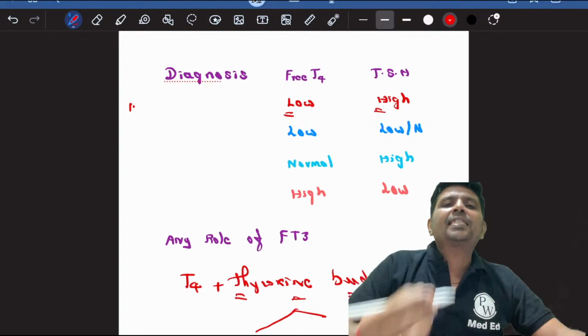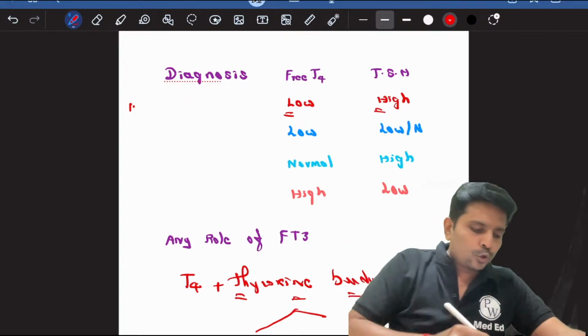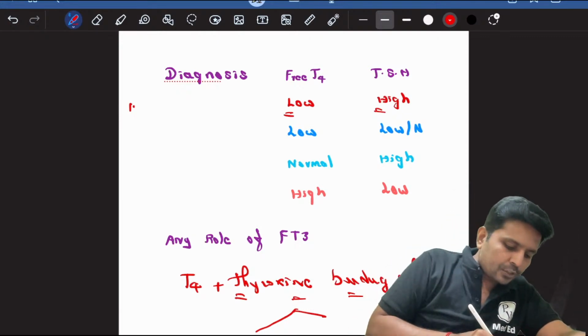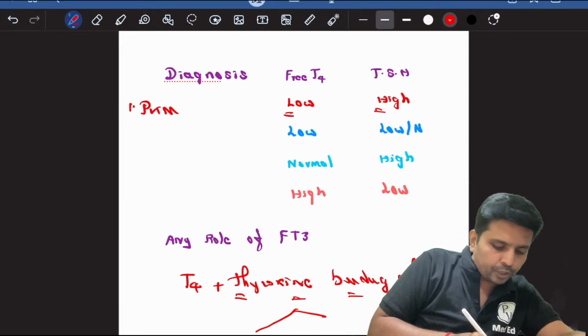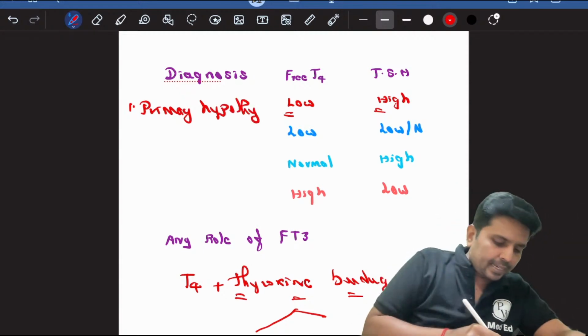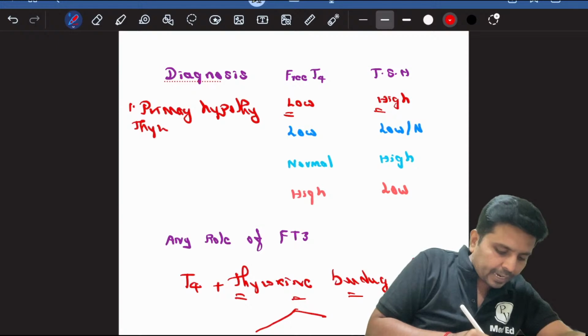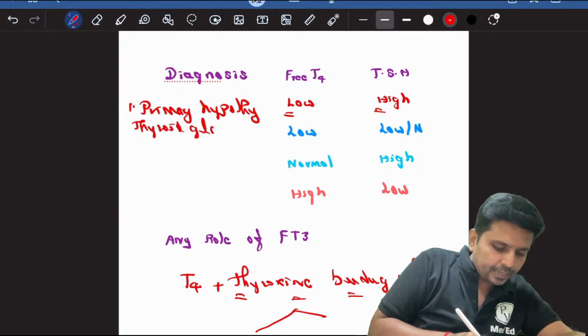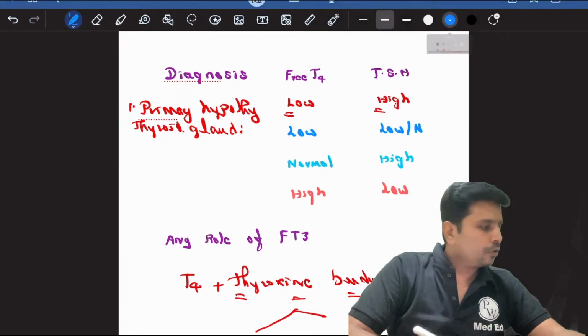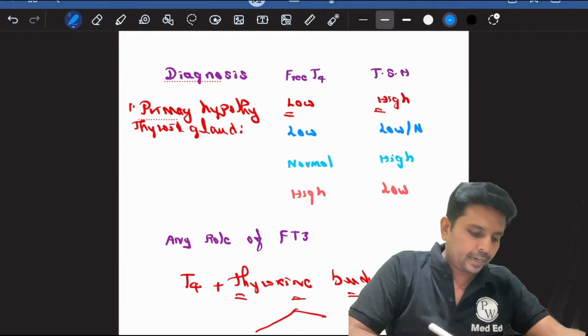That's why your TSH value is high. So when T4 is low and TSH is high, it is called primary hypothyroidism. There is a problem in the thyroid gland. You can understand now? Thyroid gland.